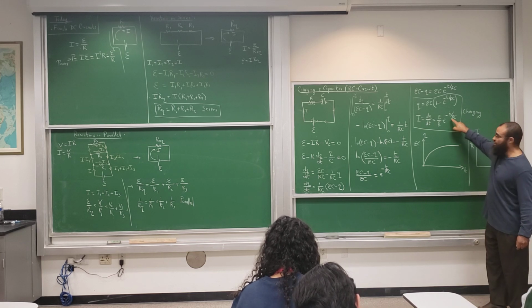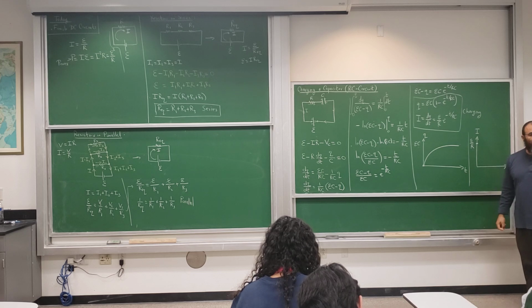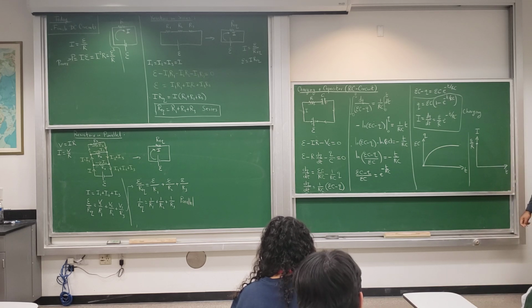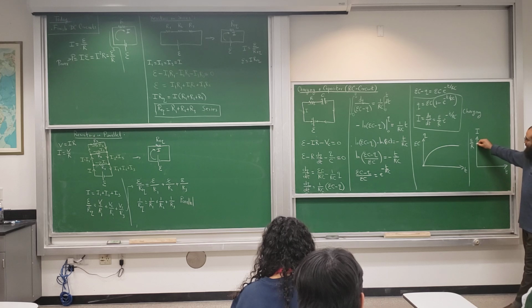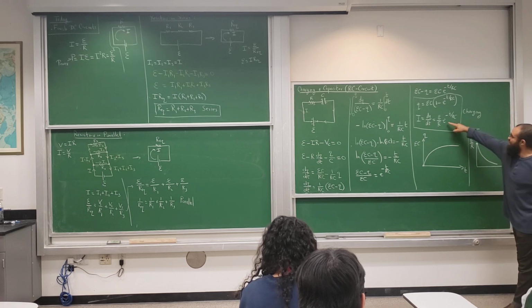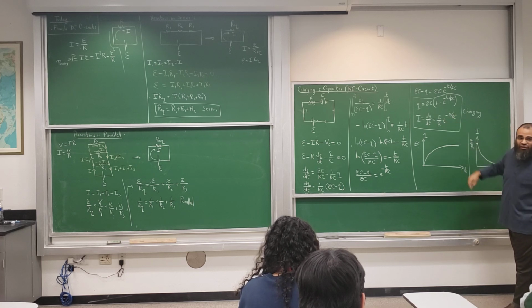E to the 0 is 1. How about as t goes to infinity, what would the current be? When t approaches infinity, the current will approach 0. It decays, right? E to the minus infinity is 0, so you just get 0.